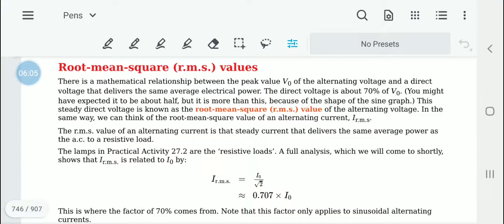This value stands at around 70% of VO, as proven mathematically, and it would have the same relationship with the root mean square value of alternating current as well.